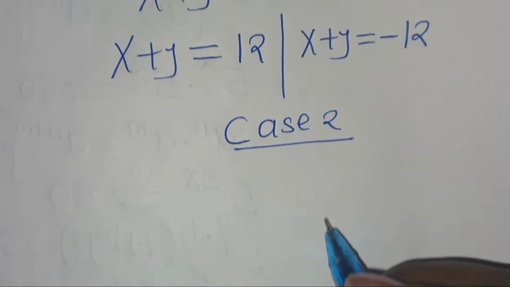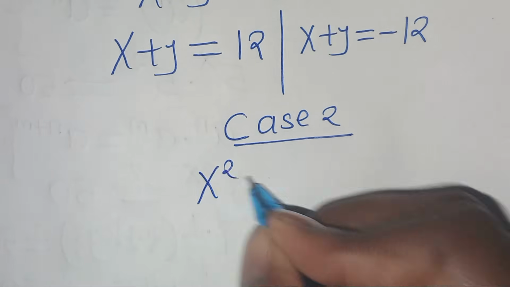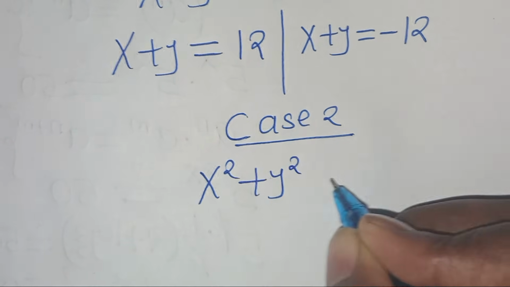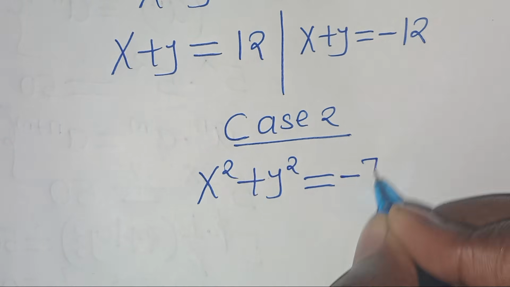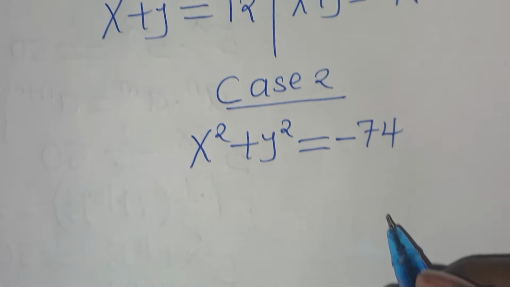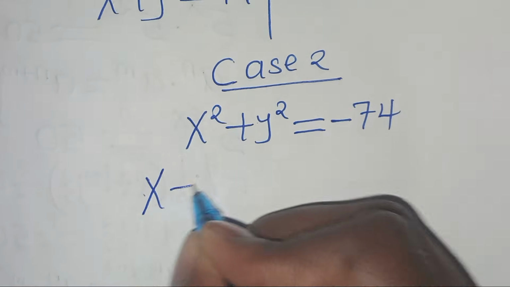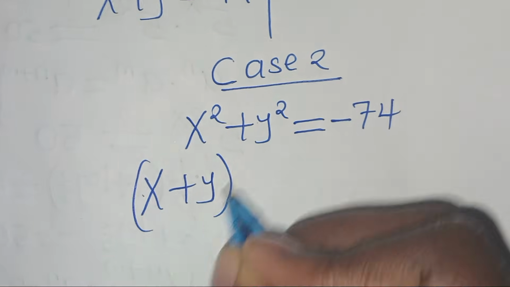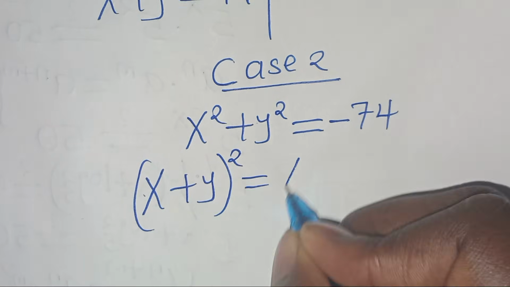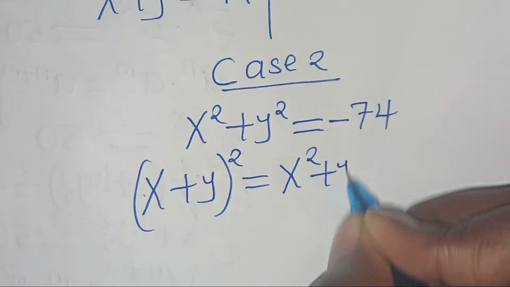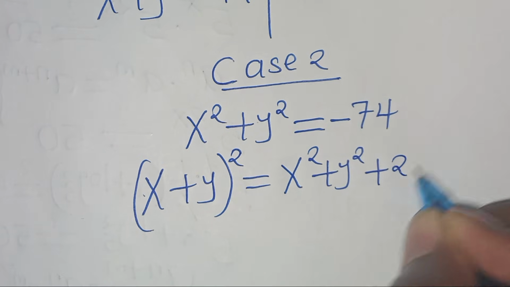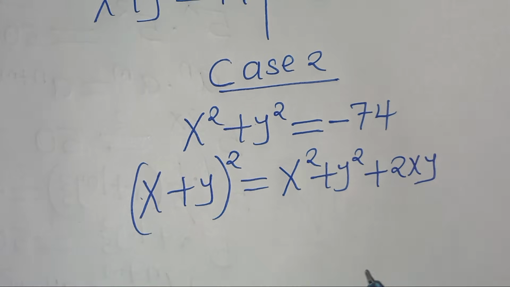In case 2, we have x squared plus y squared equal to negative 74. And you know that x plus y raised to the power of 2 is the same thing as x squared plus y squared plus 2xy.